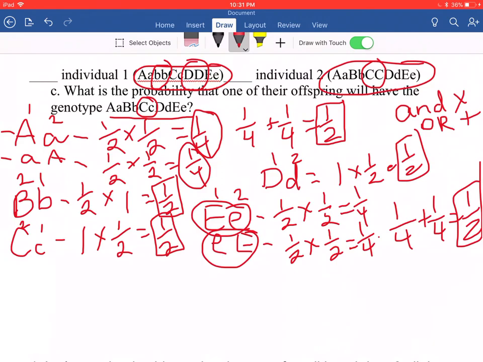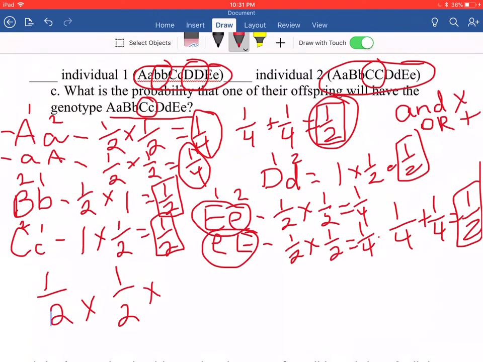Now that we've figured out all of these individually, we now have to put them together. So what is the probability of getting big A, little a? We calculated that as a half. What is the probability of getting big B, little b? That is a half.